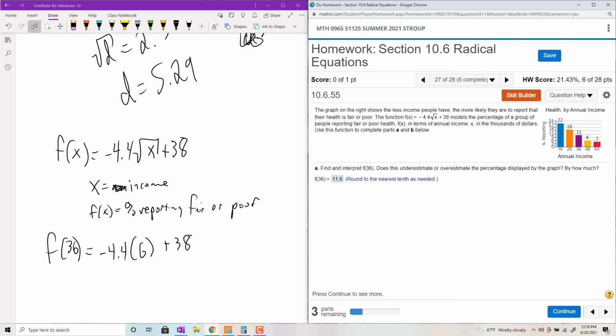So what does that mean? It means that for people who make $36,000, 11.6% report fair or poor health.